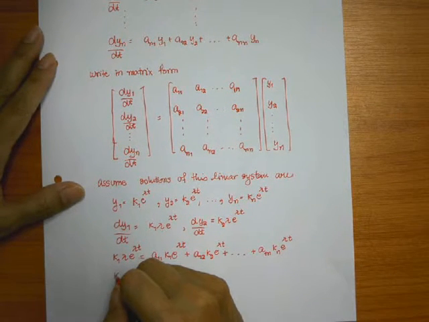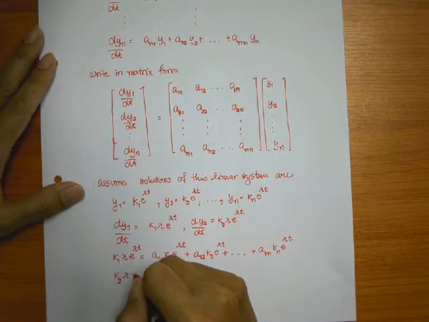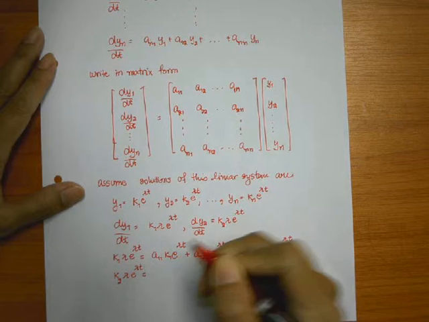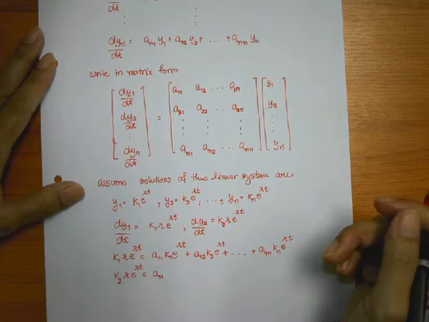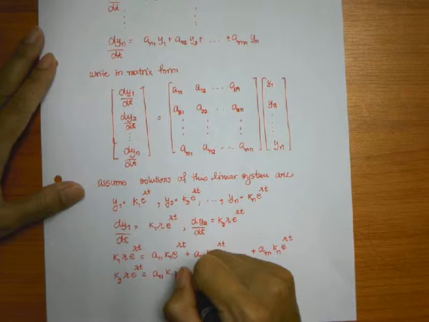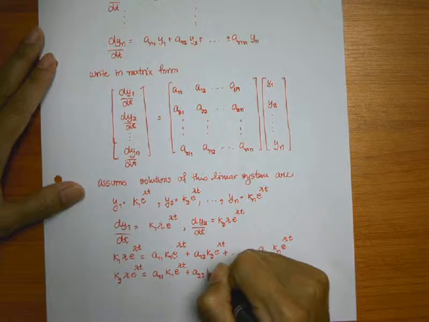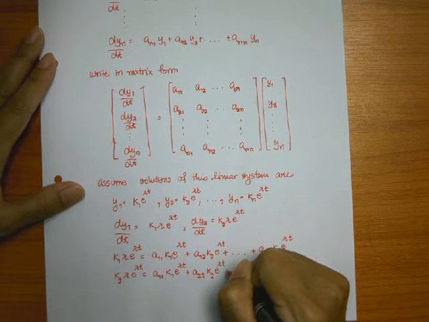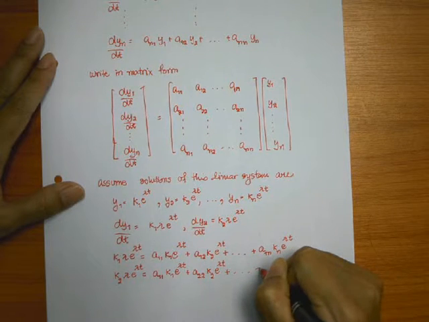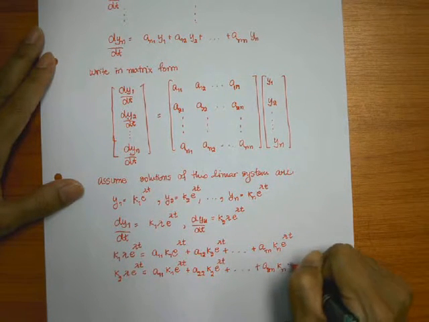So we would get k2 lambda times exponential of lambda t equal to a21 k1 exponential of lambda t plus a22 k2 times exponential of lambda t plus the nth term is a2n kn exponential of lambda t.